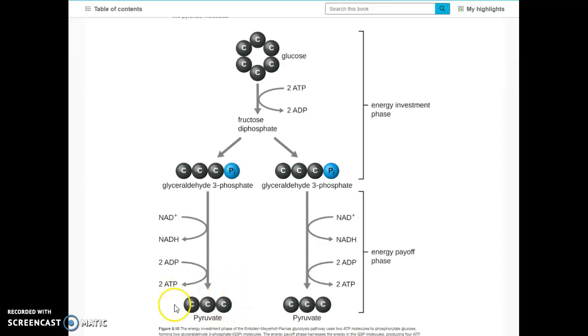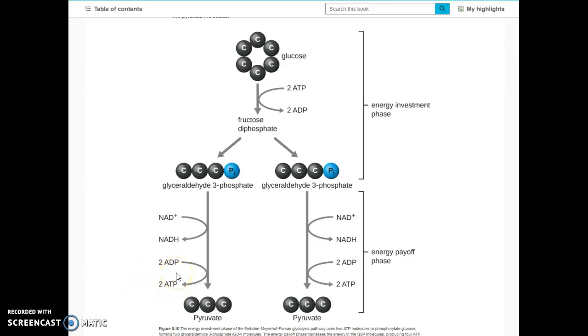So we're going to end up with 2 3-carbon molecules called pyruvate. Okay, so we start with glucose up here, have to put in 2 ATP for the process to begin, and then we end up with 2 pyruvates, 2 NADHs, okay, 1 for each pyruvate, and 2 ATP, again 1 for each pyruvate.